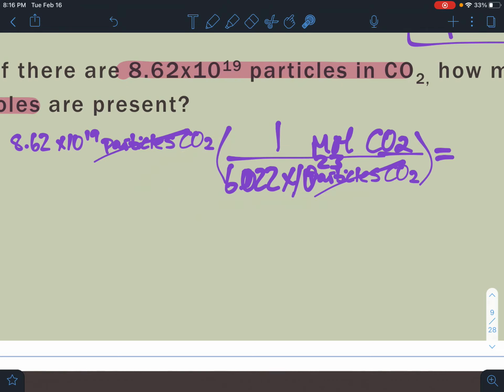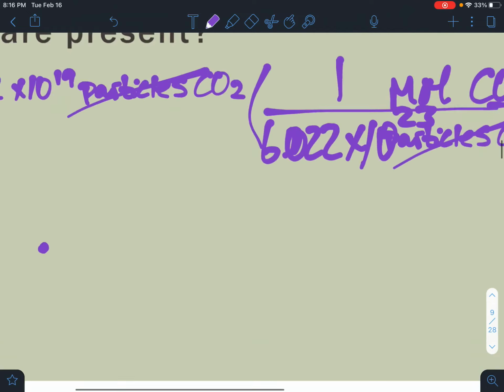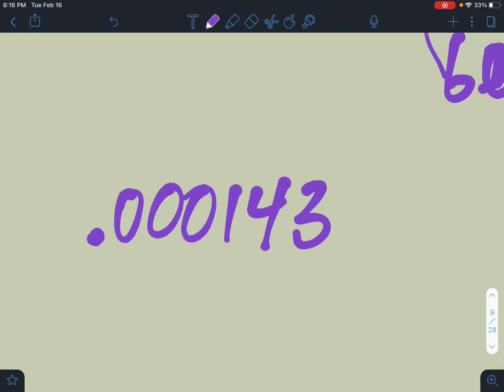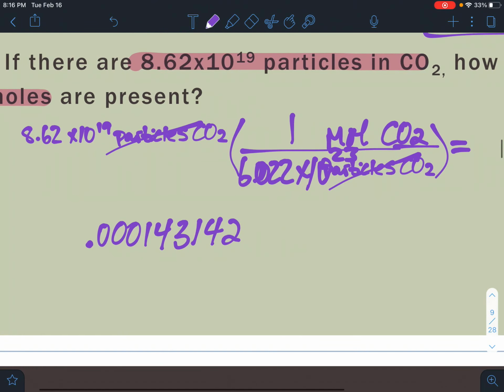So we have 8.62 second E 19 divided by 6.022 E 23. And then we can press equals. Now in my calculator, I got 0.00143142. That's the number that I got in my calculator.